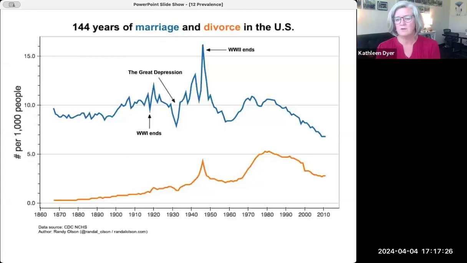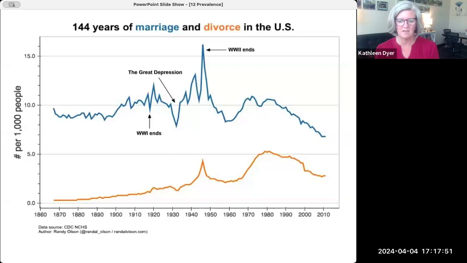Let's look at the marriage rates for right now. You can see that the rate is about, well, if we go back to 1860, it was about 9 people per every 1,000 people in the country got married in that particular year in 1870 and 1880.